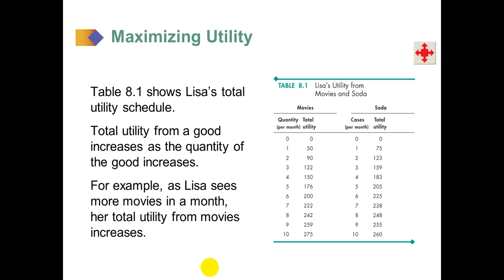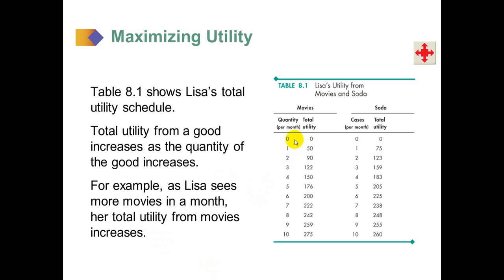The following table shows Lisa's total utility schedule. Here, total utility from a good increases as the quantity of the good increases, but not forever. For example, as Lisa sees more movies in a month, her total utility from movies increases. Movies, for example, 0 units, benefits 0.